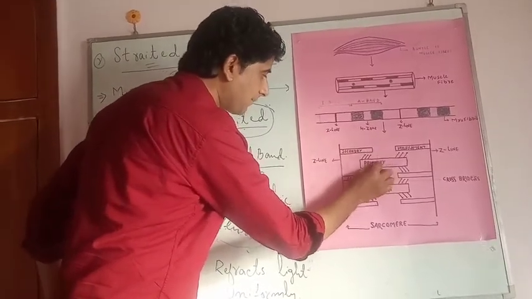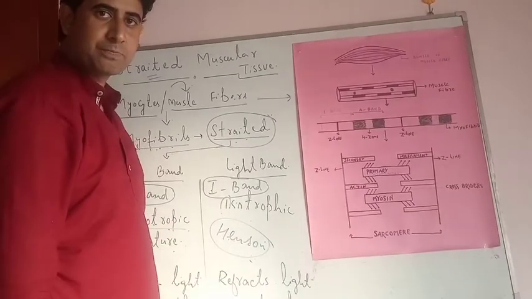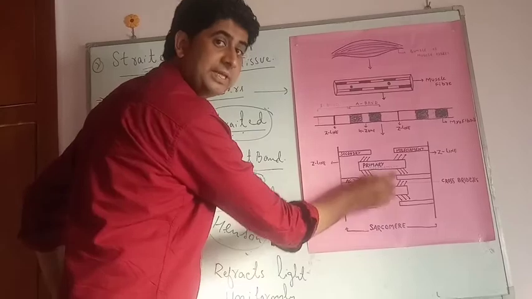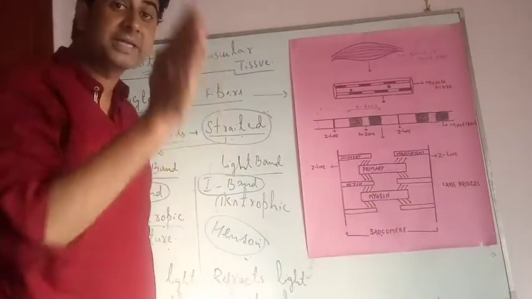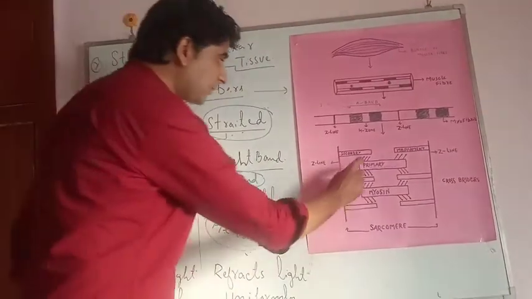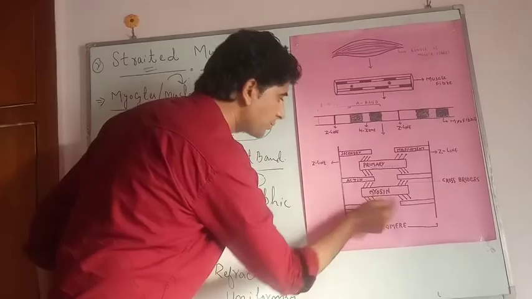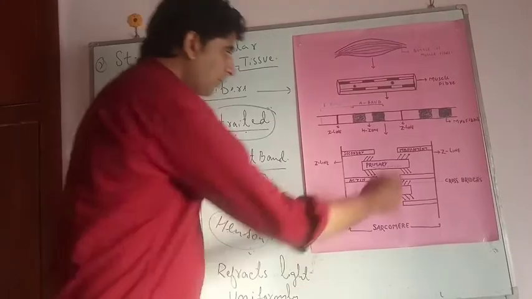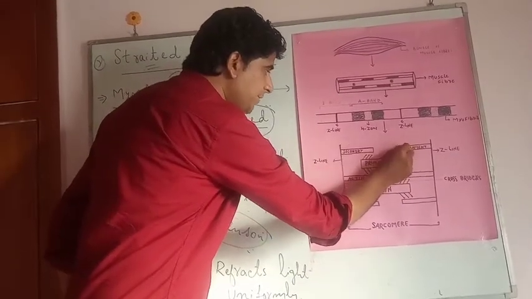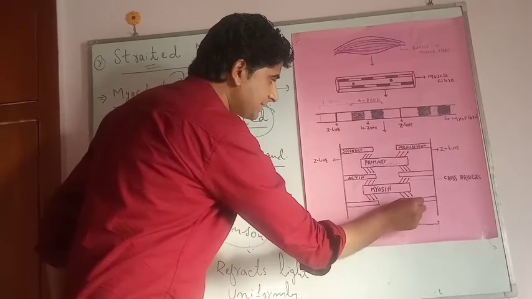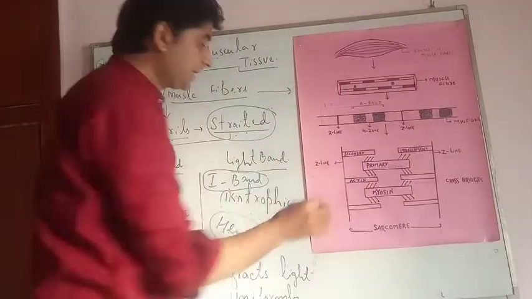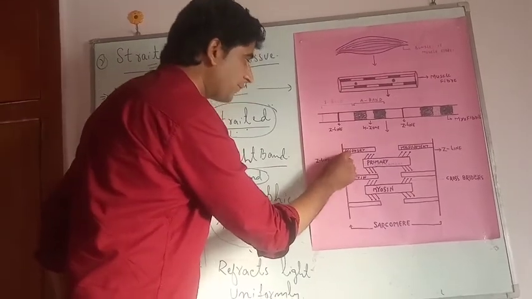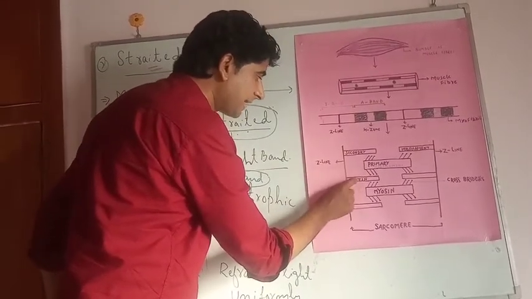And ये जो primary myofilaments है, these are made of a protein termed as myosin protein. That is why the primary myofilaments have also been termed as myosin filaments. Whilst on the other hand, ये जो secondary filaments है, these are made of a protein called actin protein. That is why the secondary myofilaments have also been termed as actin myofilaments.